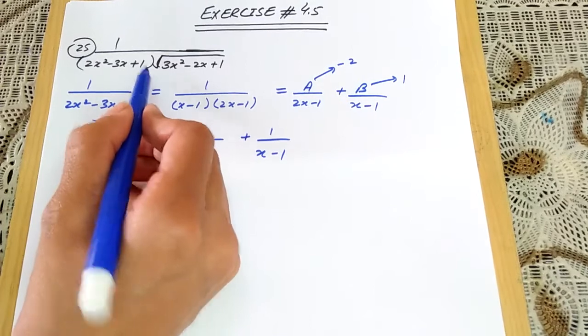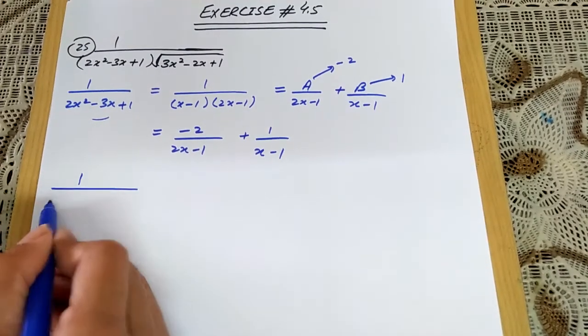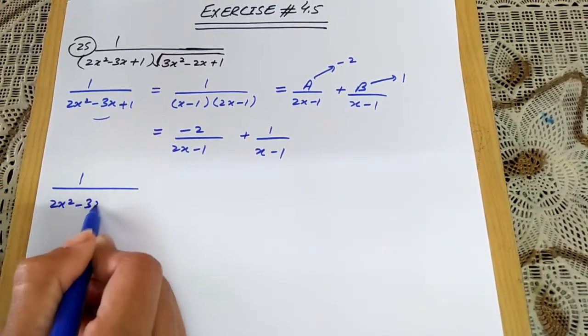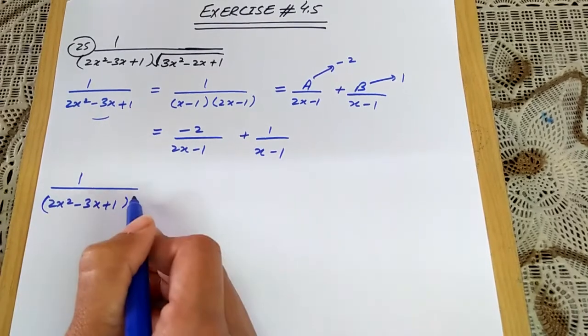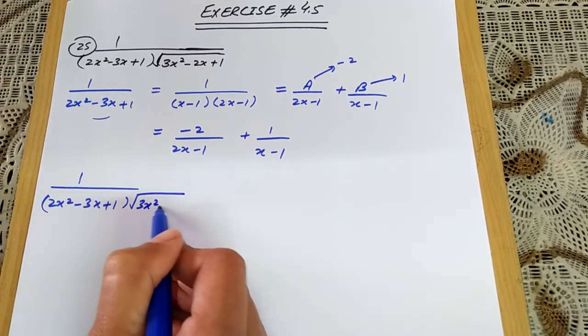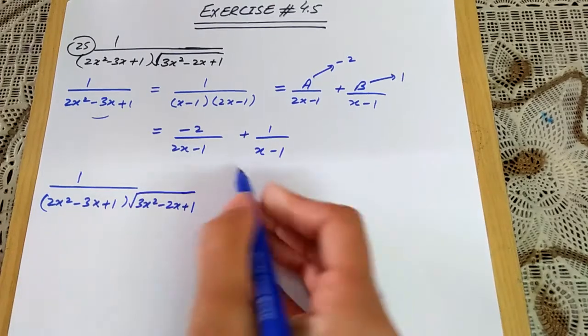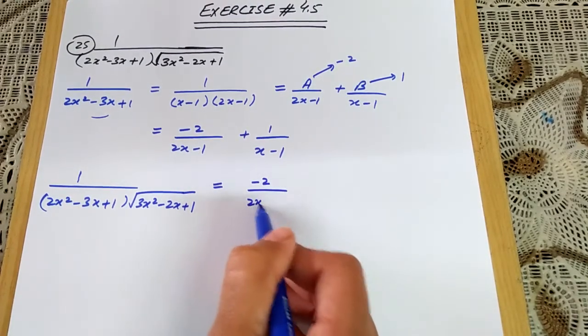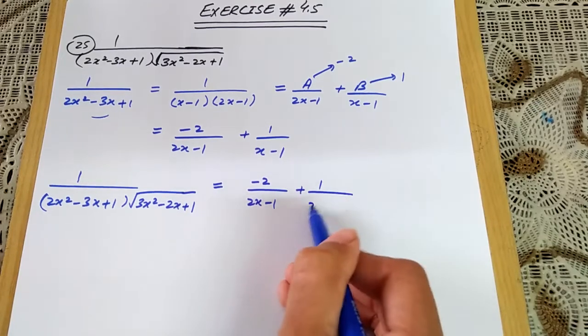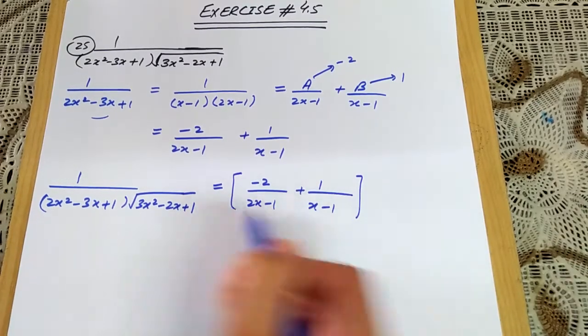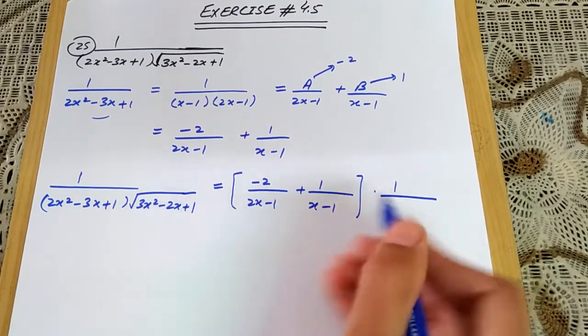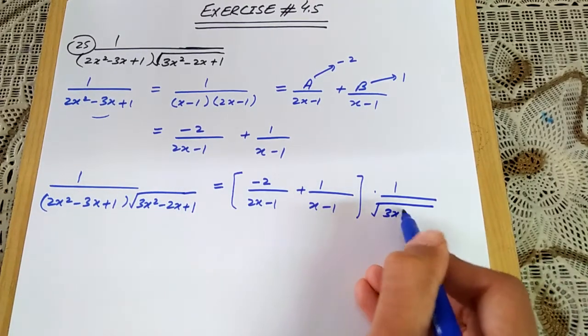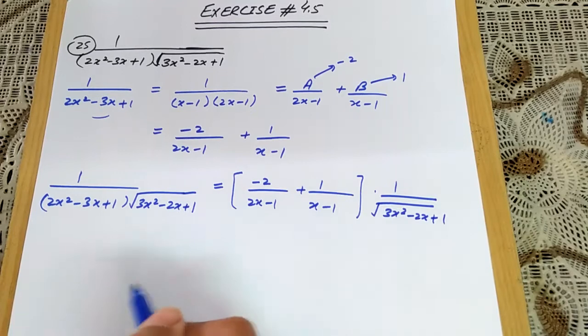Now, what was our main function? Just write that function, that is 1 over (2x² − 3x + 1) into under root (3x² − 2x + 1). That will be equal to −2 over 2x − 1 plus 1 over x − 1, multiplied by 1 over the denominator 3x² − 2x + 1 under root.